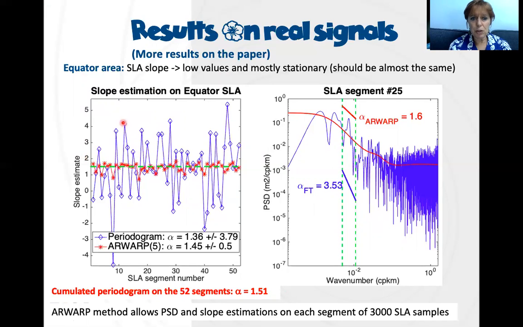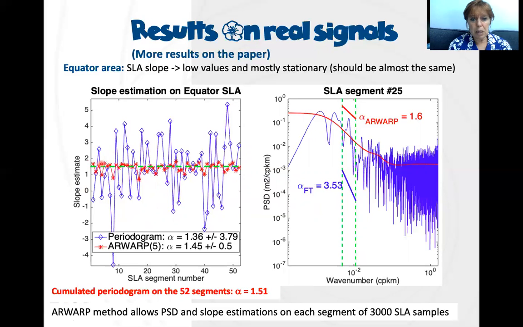In blue, the results of the periodogram, which obviously cannot be acceptable because it gives very different values of the slope, going up to 4, 5, even negative values, while in red you have the R-warp results, which seem more reliable because they give a quite constant value, which was expected in this equator area.